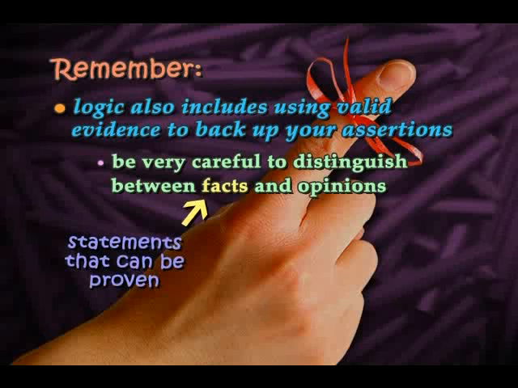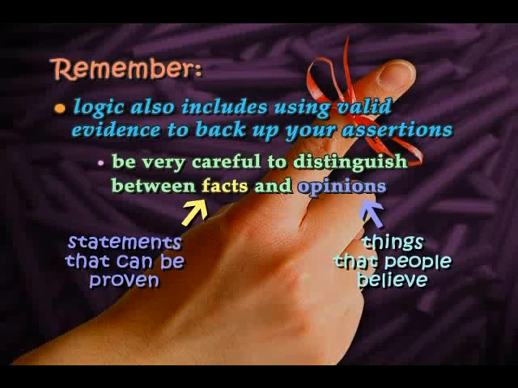Facts are statements that can be proven. You can find them in valid research materials such as encyclopedias or newspapers and good magazines and solid web pages. Opinions are things that people believe. You can use your facts to prove your point, but opinions are a lot more slippery because you cannot prove whether they are right or whether they are wrong.